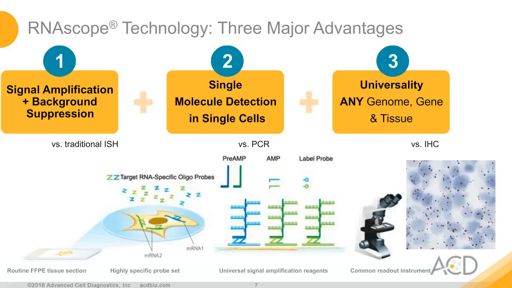And three, it's universal. The assay can detect virtually any gene in any tissue from any species, provided the sequence is known, unlike immunohistochemistry, where getting an antibody to perform with specificity and high sensitivity is a very challenging prospect. Also, if an antibody is not available, it can be very time-consuming and costly to develop one.